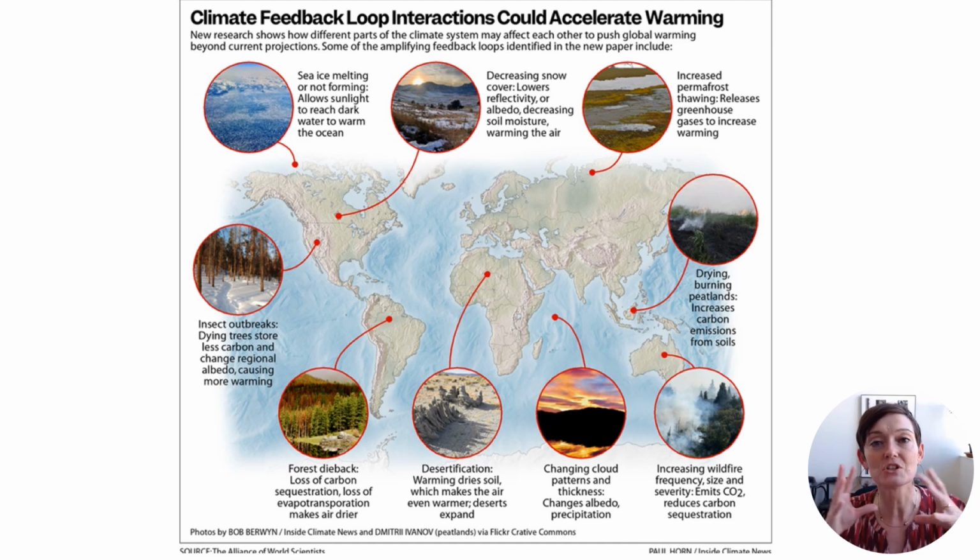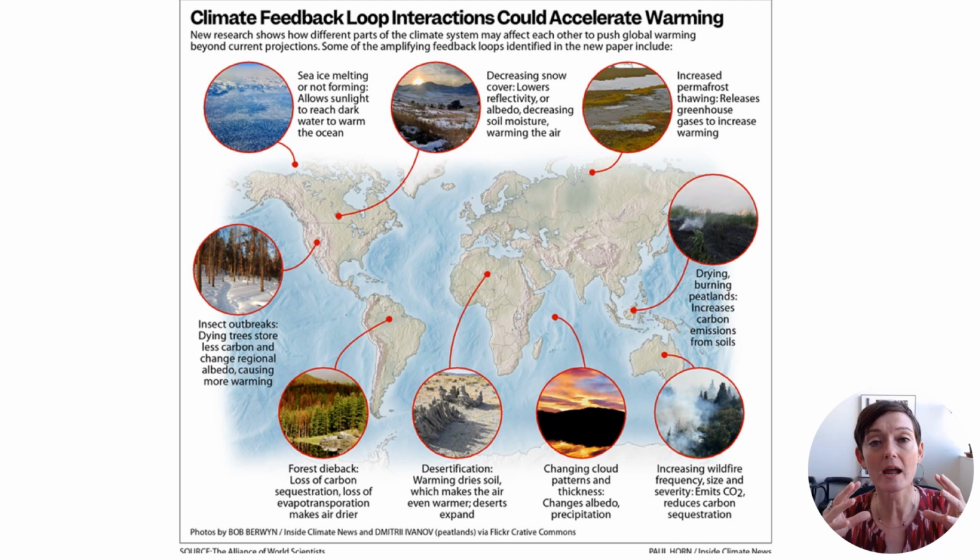As the climate changes, we start to get changing patterns of clouds, and those clouds also create an albedo effect and reflect the sun's rays back into space. So changing cloud patterns and fewer clouds mean that we get less of an albedo effect.